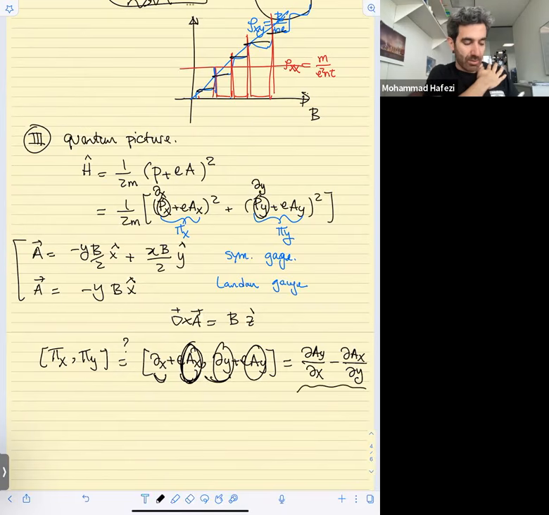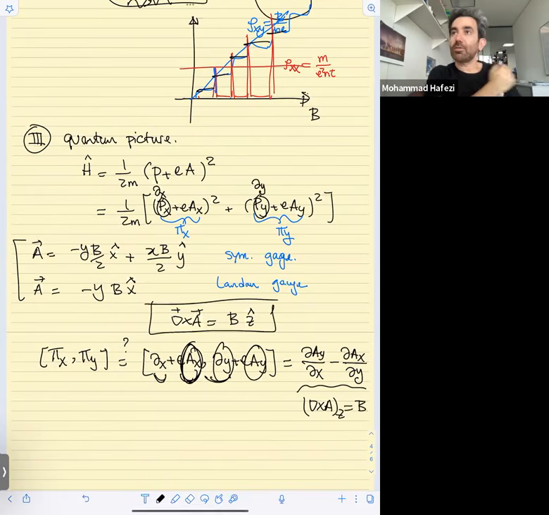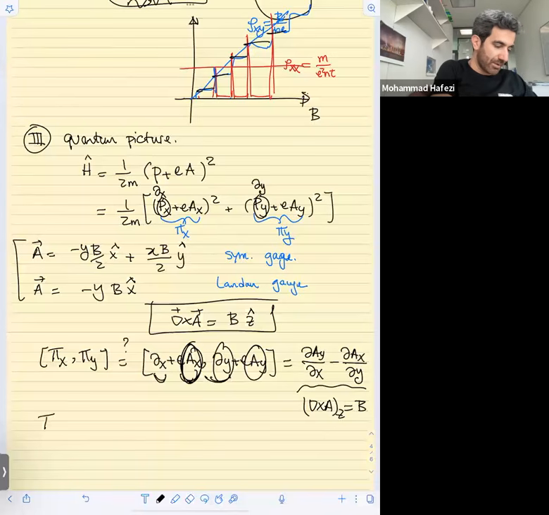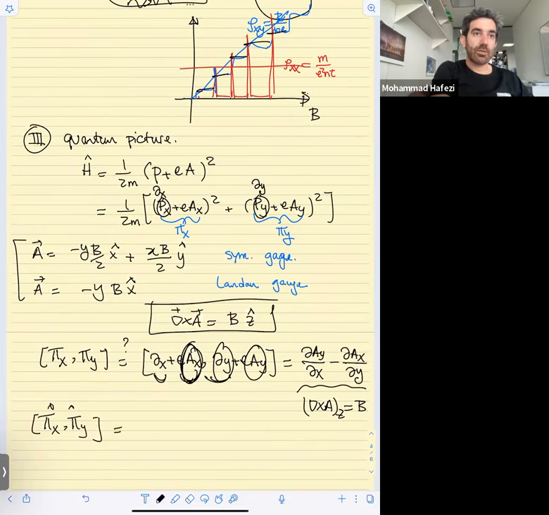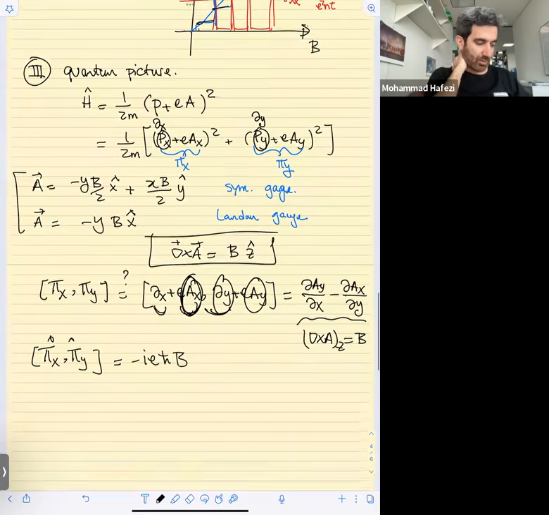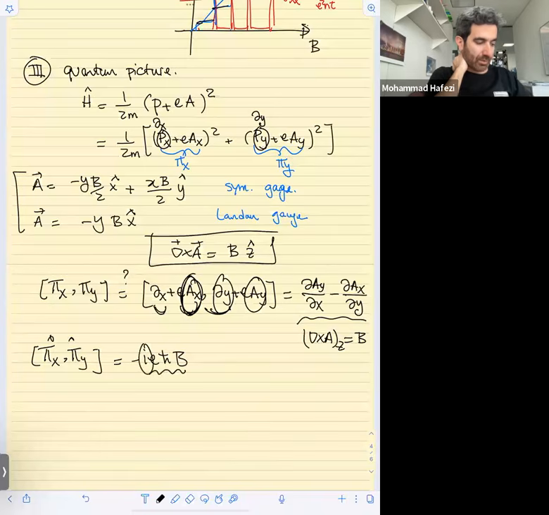So this is nothing but the curl of A in the z direction, which we took to be just a uniform magnetic field. So specifically, if you work out the math, the commutator of pi x and pi y is nothing but minus i e h bar B. So it's a constant times i.